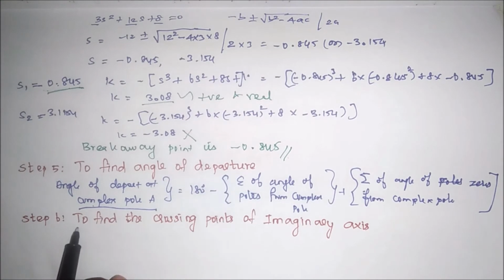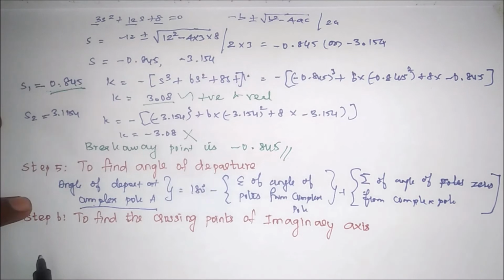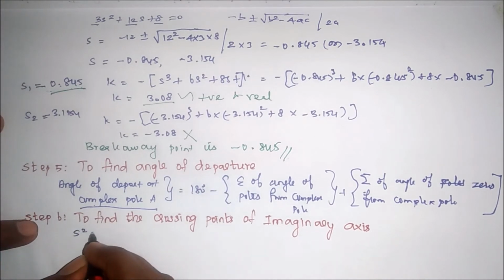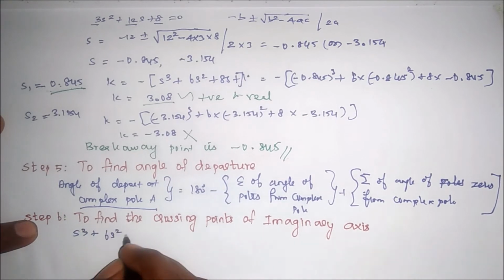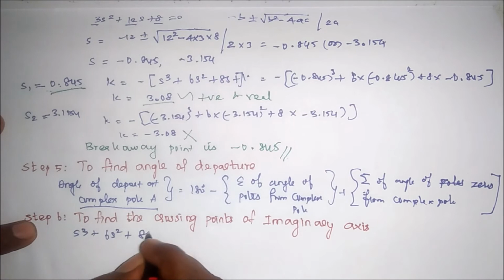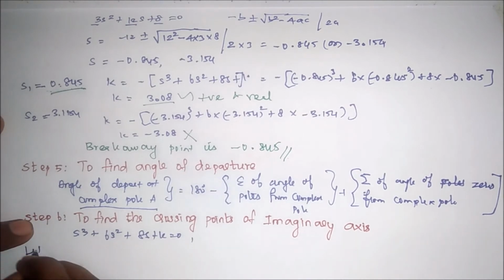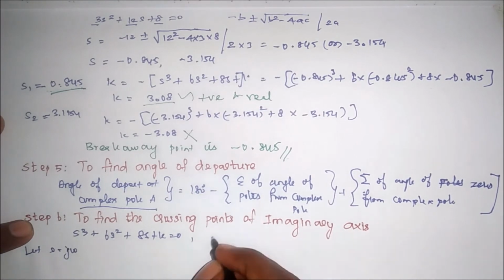So next we have to find the crossing point of imaginary axis. So from the characteristic equation, we know characteristic equation is s cube plus 6s square plus 8s plus k equal to 0. So now we have to substitute. Let s equal to j omega. We have to substitute into this equation.